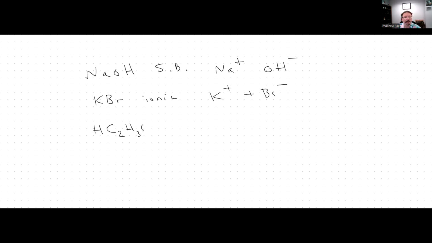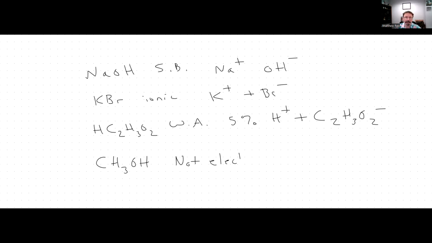This is a weak acid, and so something like 5% of them will dissociate into these ions, making that a weak electrolyte. And then the last one, the methanol, CH3OH, this is 100% covalent. It is not an acid or a base, so this is not an electrolyte. So that's why that was your correct answer there. The weak acid would be a weak electrolyte.